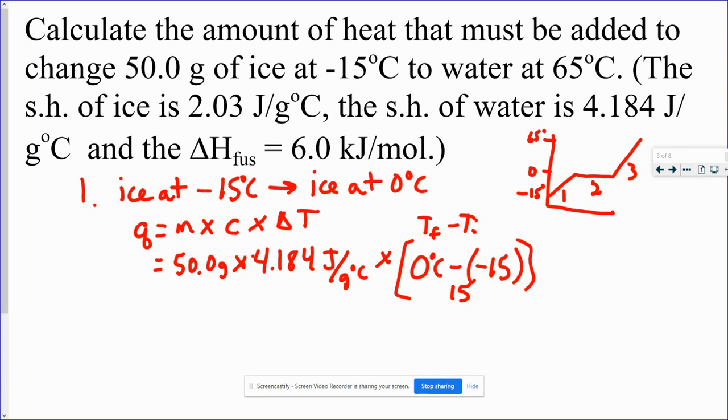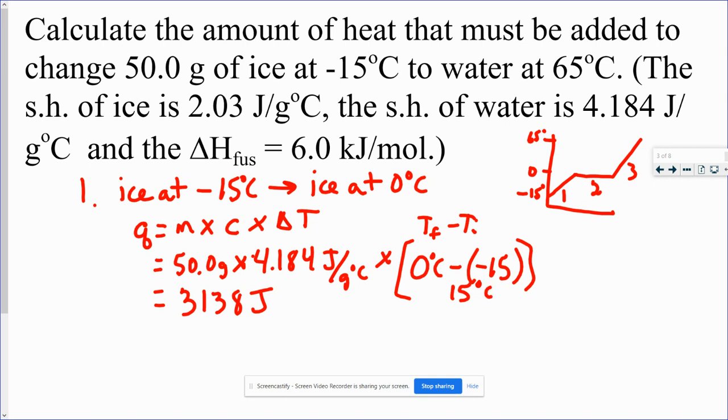So when I multiply that out, 50 times 4.184 times 15, I get 3,138, and that will be joules, because my specific heat was in joules. Your specific heat has to match your Q. The grams cancel and the degrees Celsius cancel.